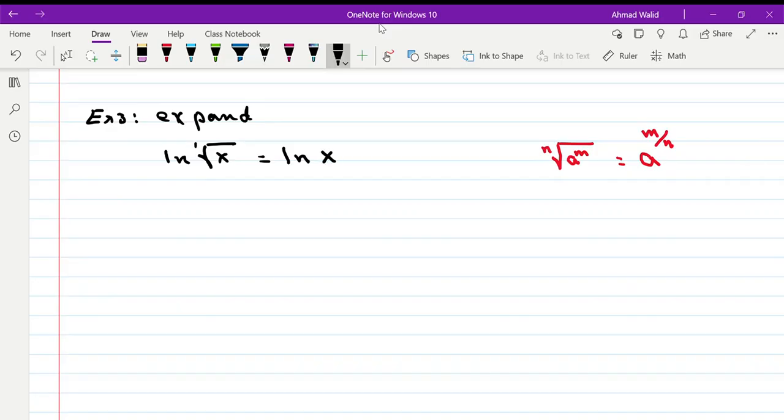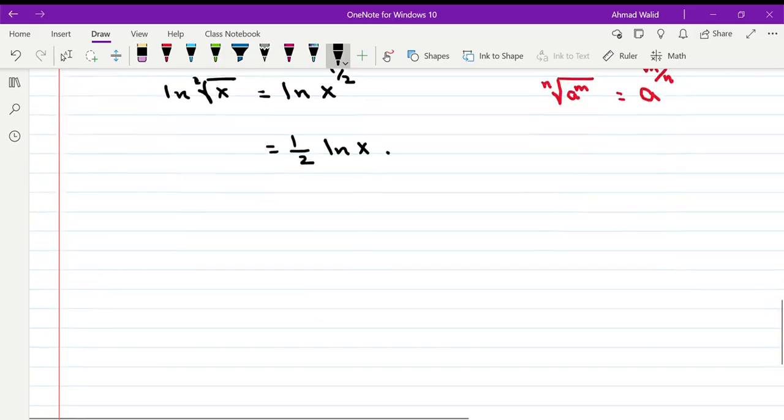Here you see your index is 2 and the power of x is 1. Then I can write here ln of x to the power of 1/2. Now power rule, bring the exponent to the front. You can write as 1/2 ln x, final answer, correct?